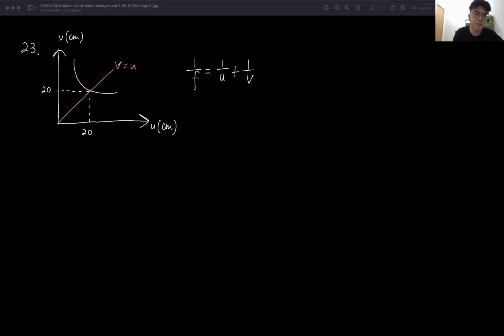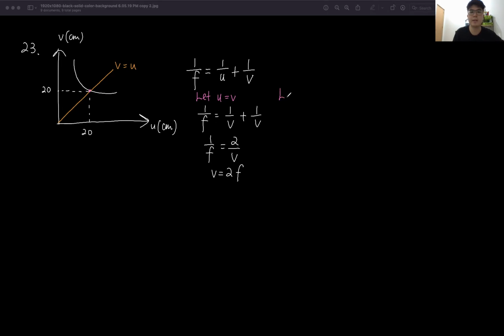This intersection point where V equals U intersects with this curve, meaning that if I let U become V, I get 1 over F equals 1 over V plus 1 over V. That's 1 over F equals 2 over V. So V equals 2F, correct? Cross multiply, you get V equals 2F.